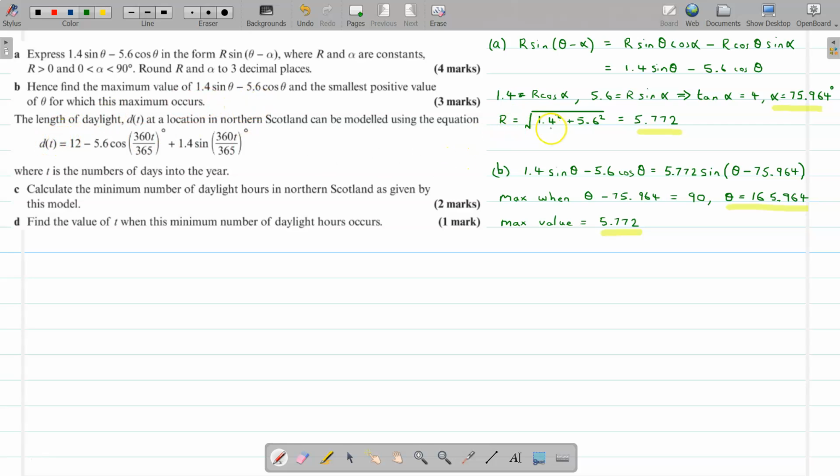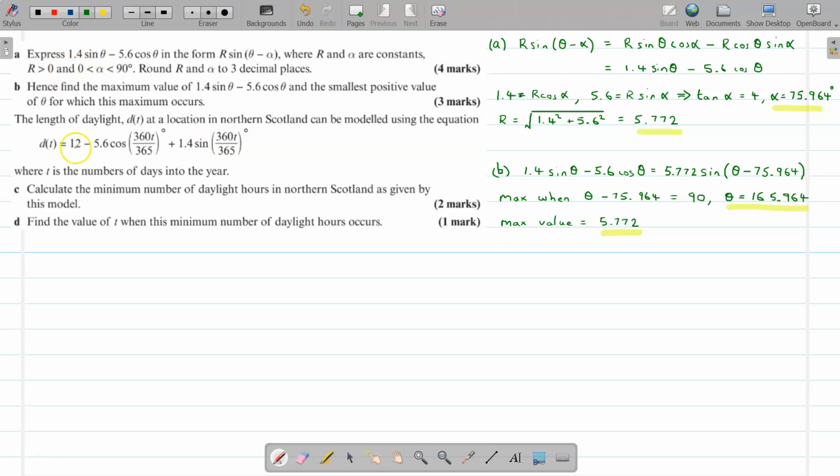Now we're then going to convert this model that we've just made into this thing here. It's exactly the same as what we've got here, except they put the minus 5.6 in front and the 1.4 sine afterwards, but that doesn't matter.